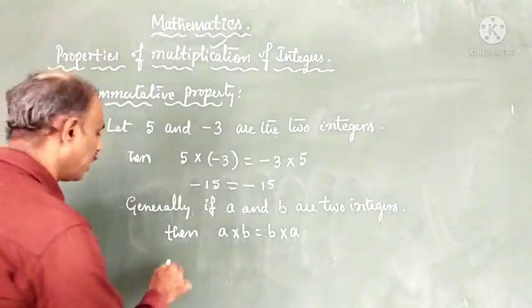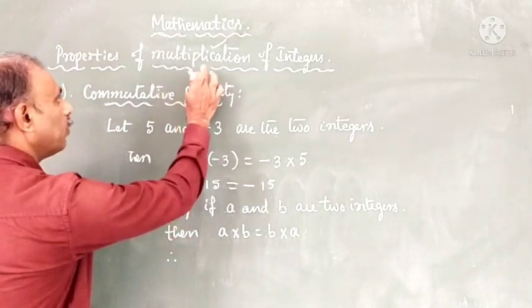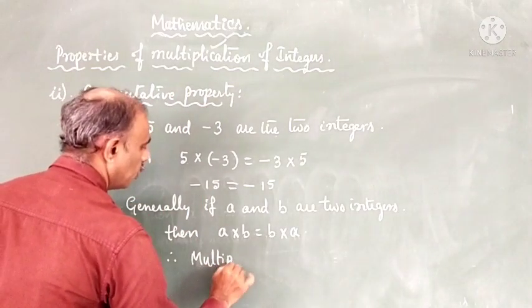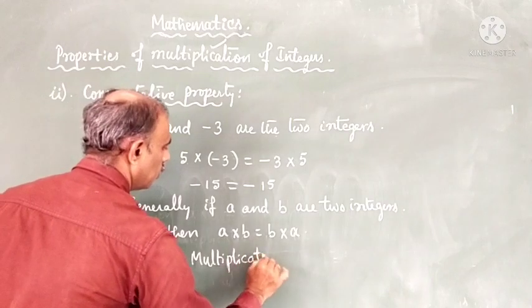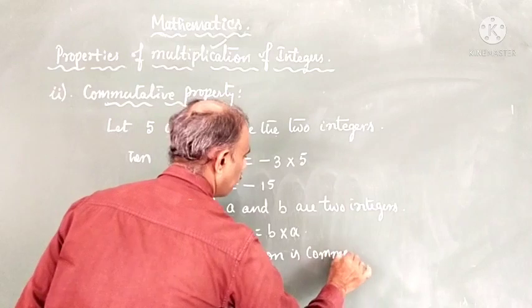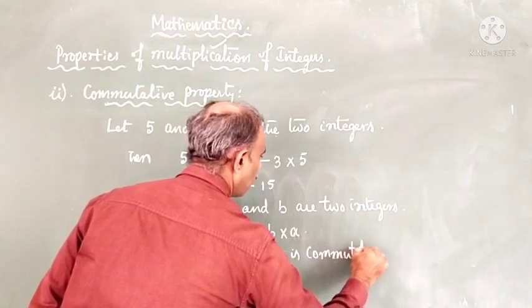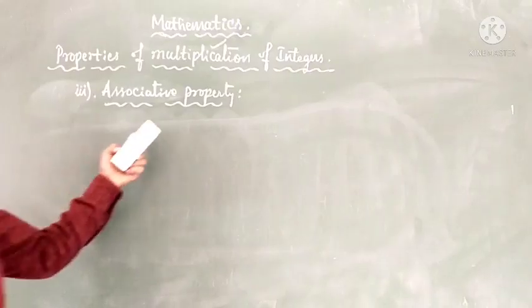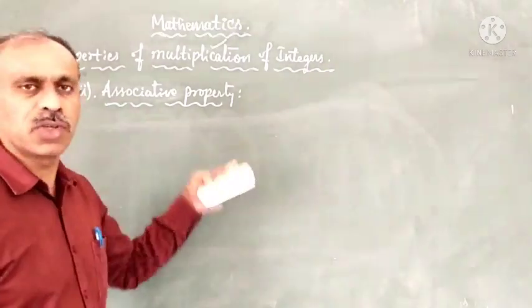Therefore multiplication is commutative. So next we pass on to the third property, associative property.